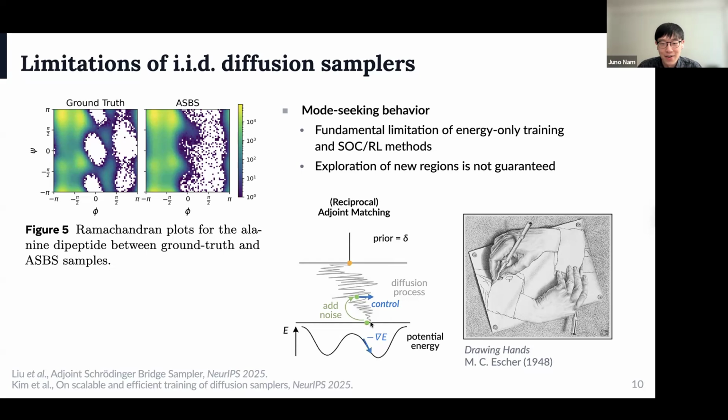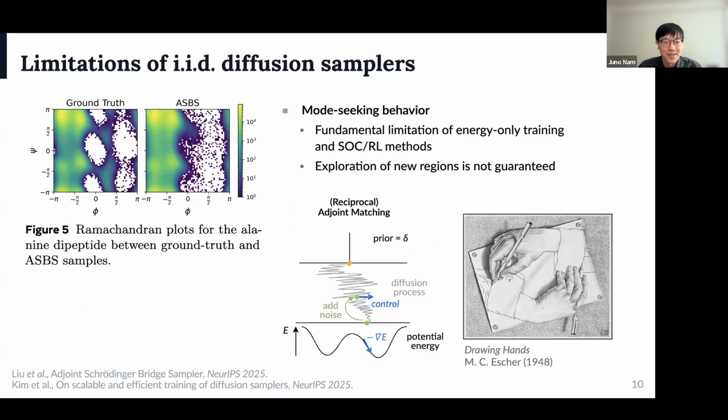So we have to be very lucky to overcome this energy barrier and also explore other modes. This kind of self-reinforcing behavior is inevitable if we just want to learn from the energy function. So this is the main limitation of current samplers that motivates the current work of enhancing diffusion-based samplers.